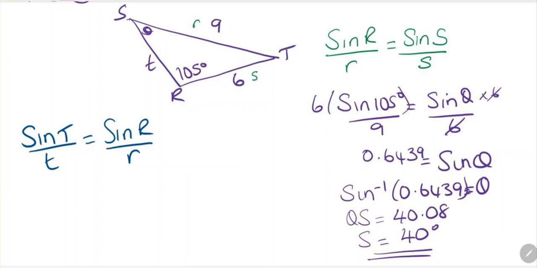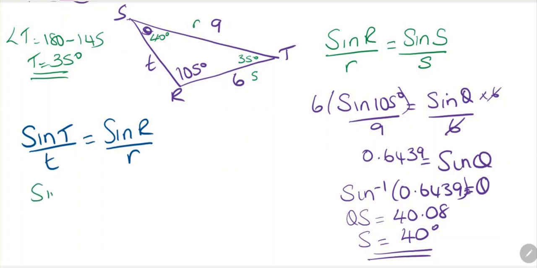Because we know that S is now 40, to find angle T, this is going to be 180 minus 40 plus 105 is 145. So we know that T is 35 degrees. So we can say that this is 35 and this is 40 because they all add up to 180.